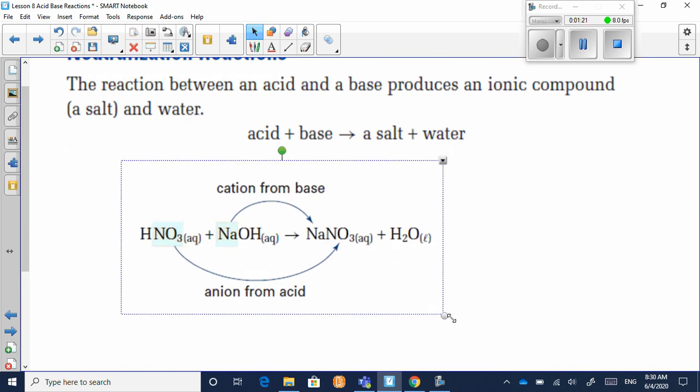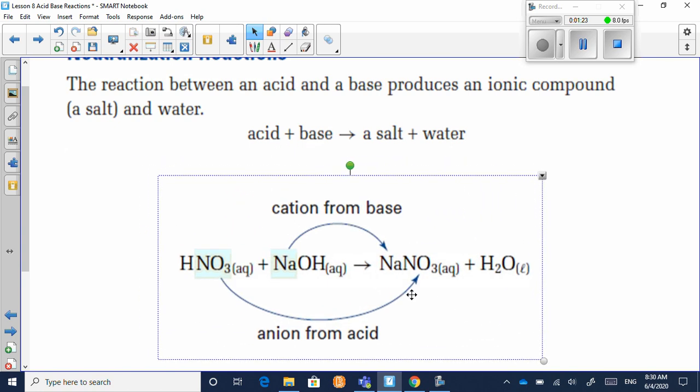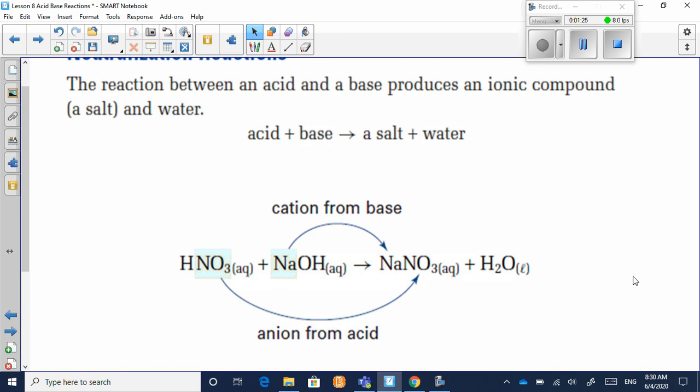Really any ionic compound is a salt. For instance, down below I show here sodium nitrate is a type of salt. And there are hundreds of different salts out there. So just be aware that it's not just NaCl.